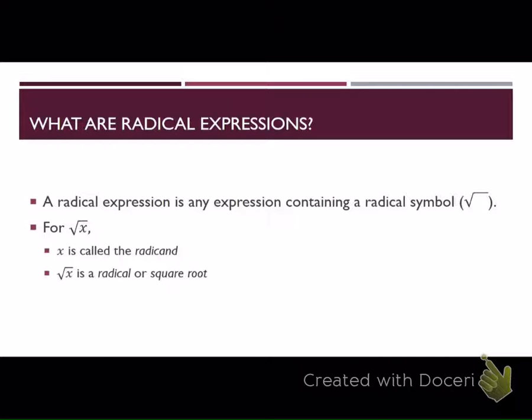So those two are inverses of each other. If you have a cube root, the inverse of a cube root is, cube means 3, so to the 3rd power. So it just goes on with that. But anyways, for the square root of x, x is called the radicand. So the number underneath is the radicand. And the radical, or the square root symbol, is what is on the outside.